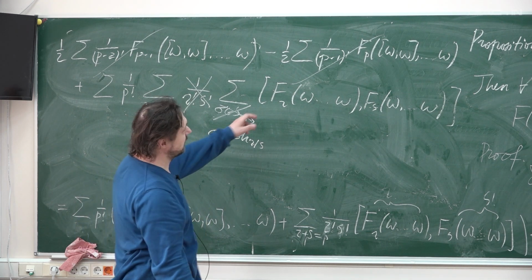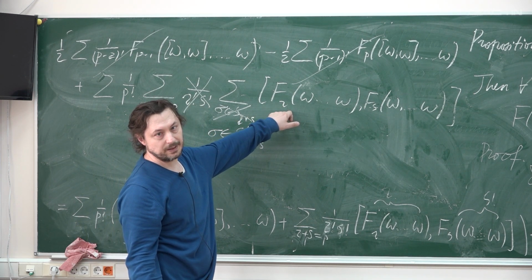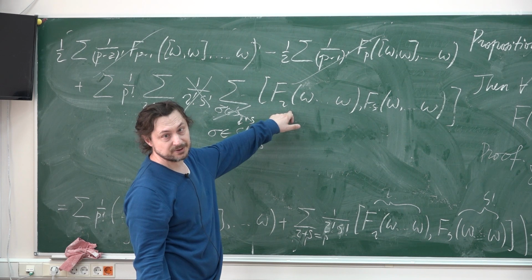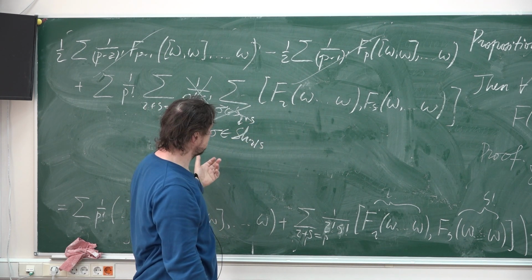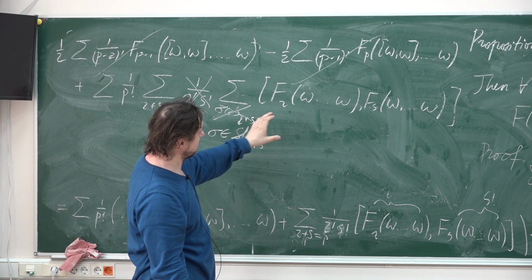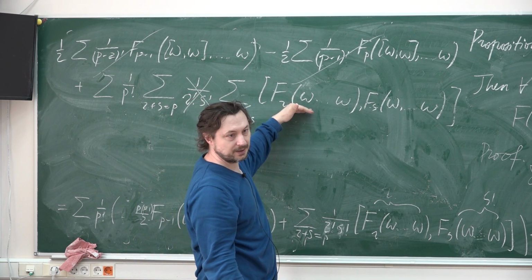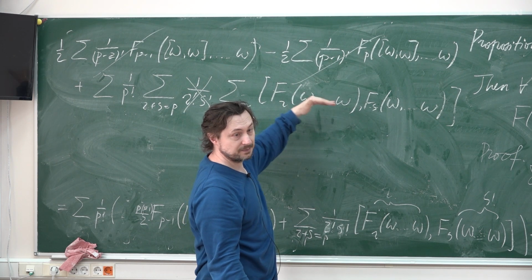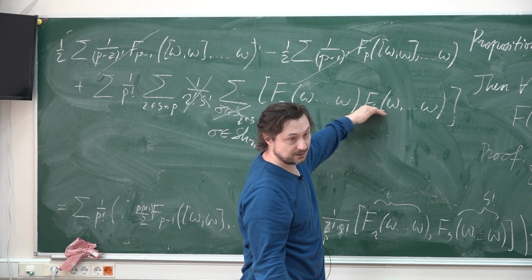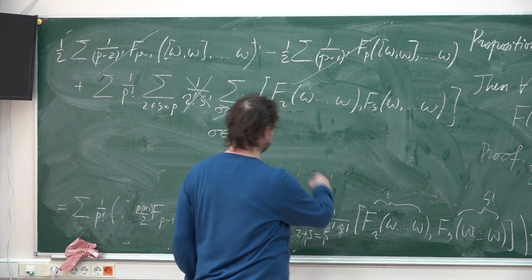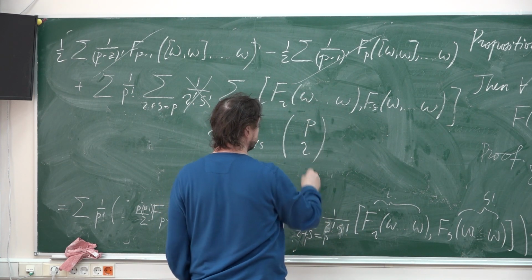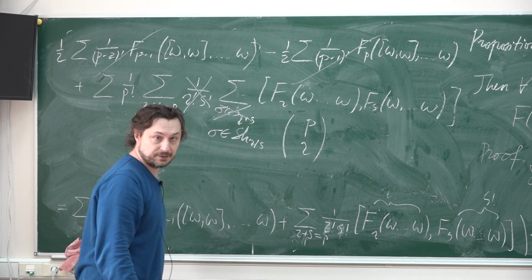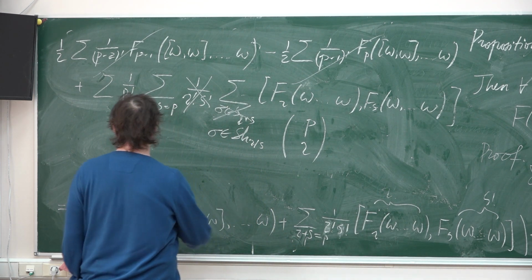But all these terms will be the same, and there will be as many such terms as there are different shuffles. Each shuffle is uniquely determined by the set of elements which you choose to be the first R elements, and the remaining will then be the last S elements. So there will be precisely P choose R elements of this form.